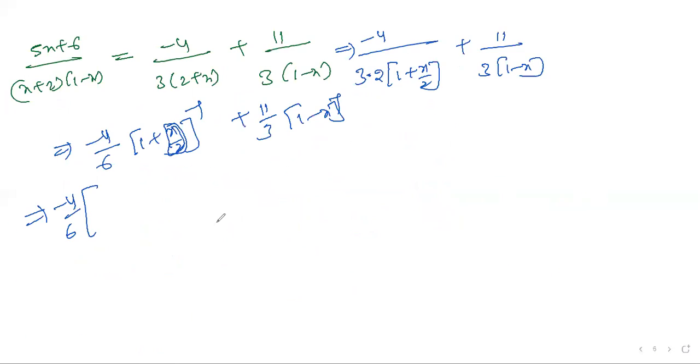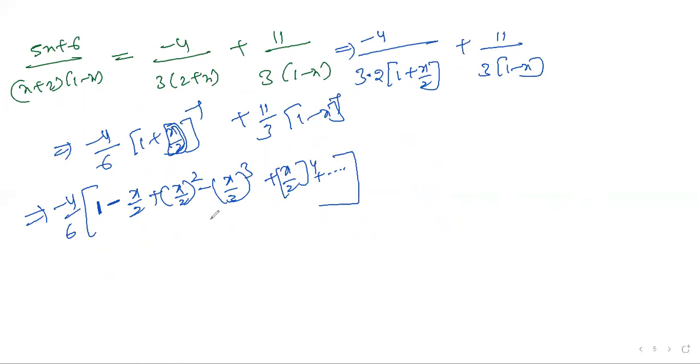That formula I should write down: 1 minus x, where x means x by 2, plus x square, that is x by 2 whole square, minus x cube plus x power 4. I'll stop here only because you want only the x cube coefficient. So x cube I'm going to get here. I'll stop here and continue with dots. Am I clear? If they're asking x power 6, you'll continue till x power 6.